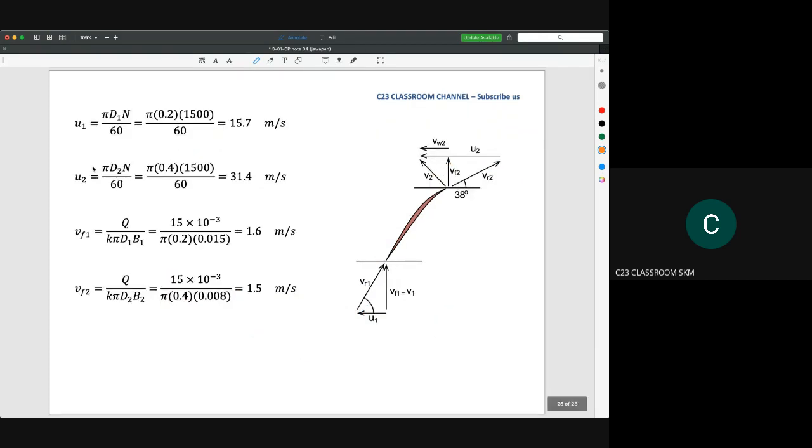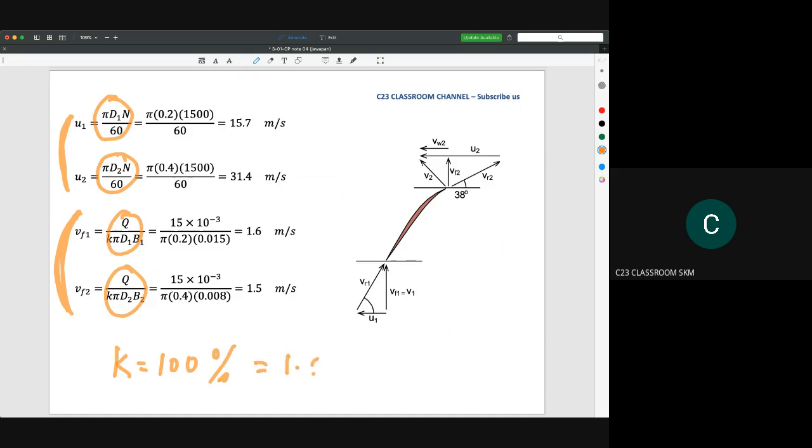Then we could calculate all the values. I propose maybe we start with the simple ones. We have U1 and U2, because each has its own equation, and also the value of VF here. Because in the question there is no statement about the thickness of the blade, we could assume that the value of K here is equal to 100%, or equal to 1.0.